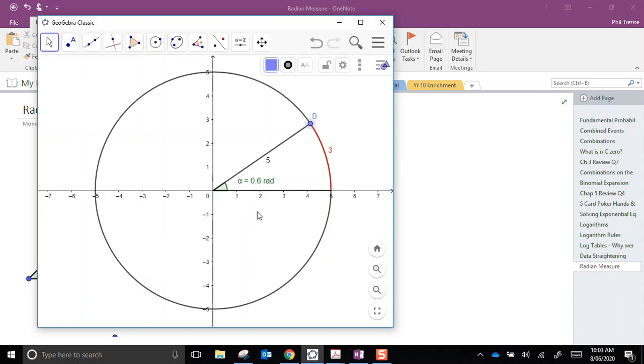In degrees, of course, you would know that to go from here to, say, this point would be a 90 degree or a right angle. And why was it 90? Well, it all has to do with the Babylonians. And the Babylonians, when they first thought about the Earth moving around the sun, they thought that it took exactly 360 days for the Earth to go once around the sun.